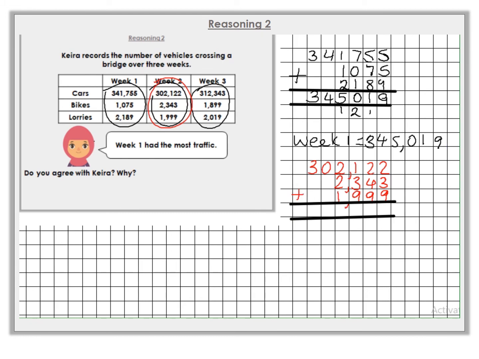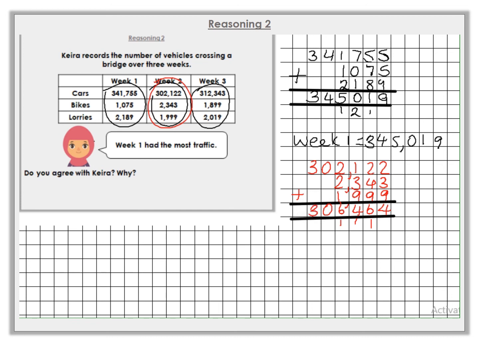Again, the addition sign. So 2 and 3 is 5, plus 9 is 14. 2 plus 4 is 6, plus 9, 15, plus 1 is 16. 1 plus 9 is 10, plus 3 is 13, plus 1, 14. 2 and 2 is 4, plus 1 is 5, plus 1 more is 6. We've got nothing there, so we just write a 0 there as a placeholder, and we've got your 3.